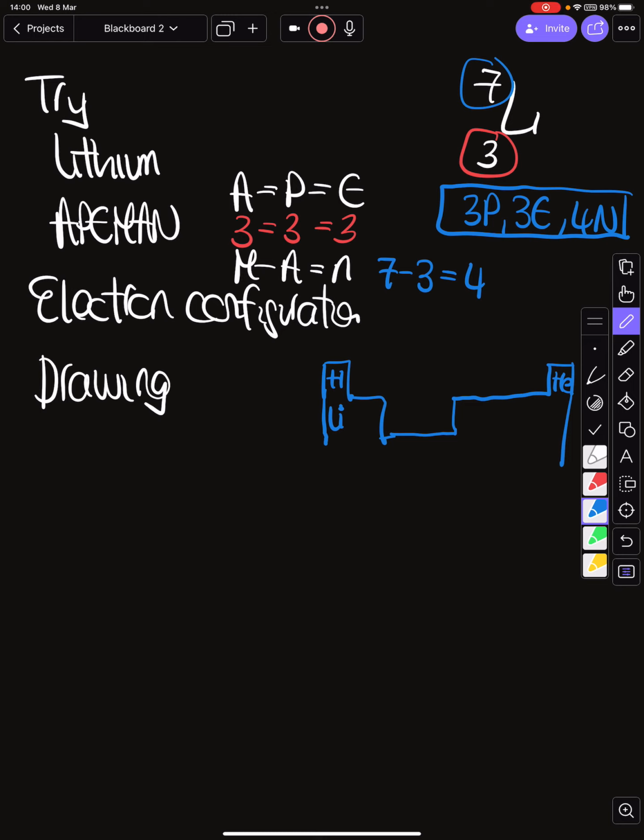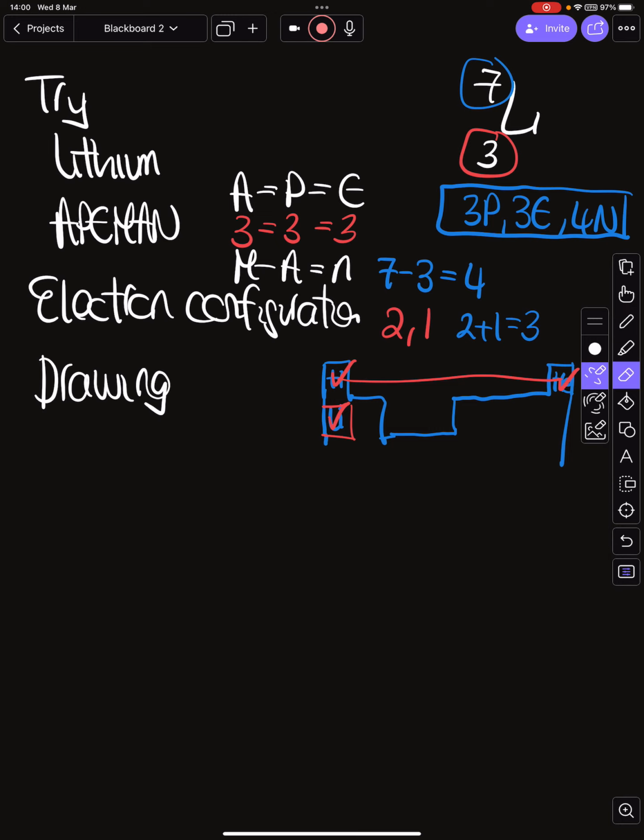I have to get to 2 rows, this one being the first row and this on the second row, so I'm going to have 2 numbers for the electron configuration. My first row has 2 boxes, so the beginning of my electron configuration is 2. Then to get to lithium, it's the first box in the second shell, so that's 2, 1. Now to check, did I do my electron configuration right? 2 plus 1 is equal to 3, and lo and behold, up here I have 3 electrons, so I have done my electron configuration right.